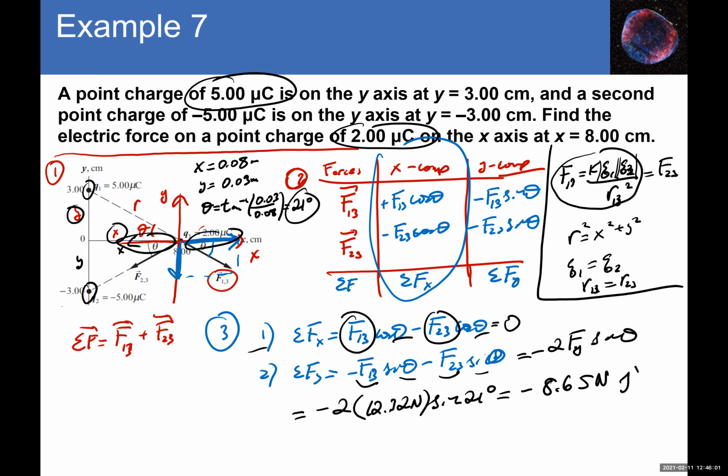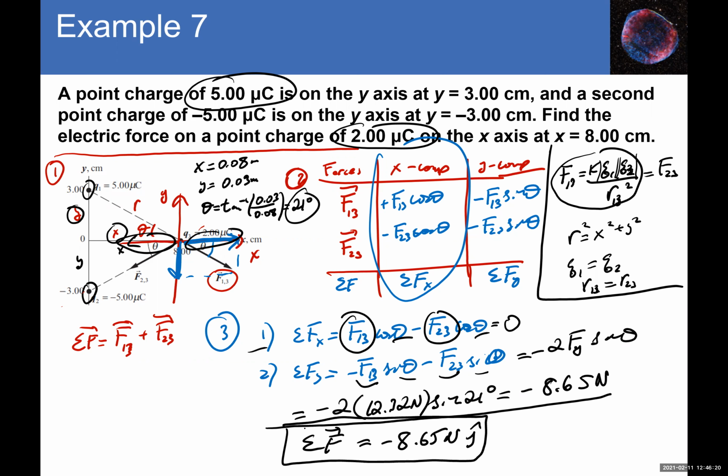I can put j hat to indicate that this is just vertical, since this is just a y component. Since the x component is 0, the net force is negative 8.65 newtons in the negative j hat direction only, because it has no x component. And that will be the answer for this example. All right.